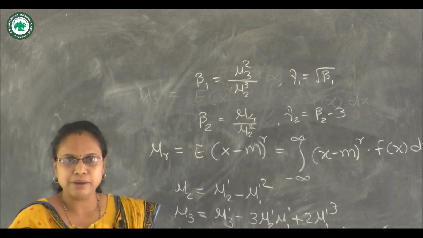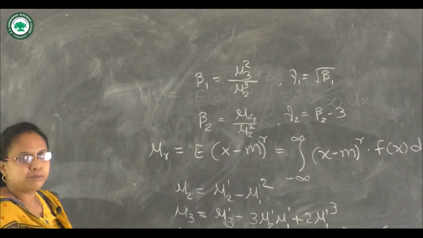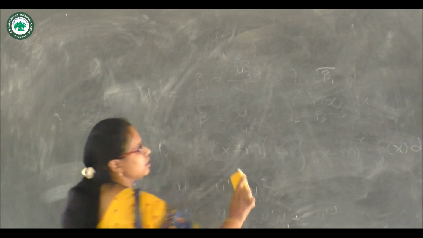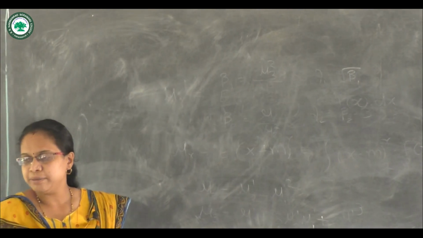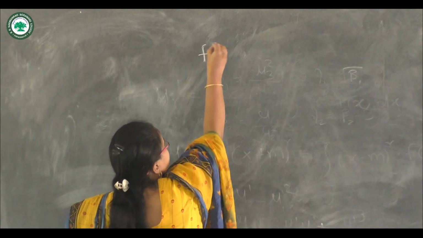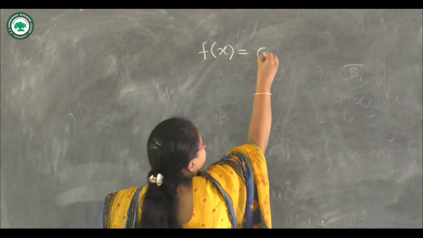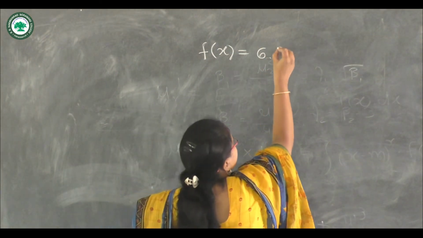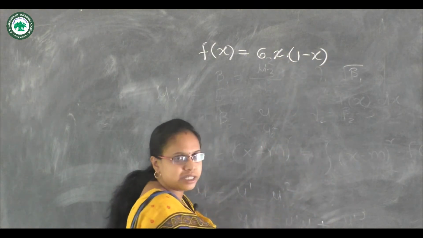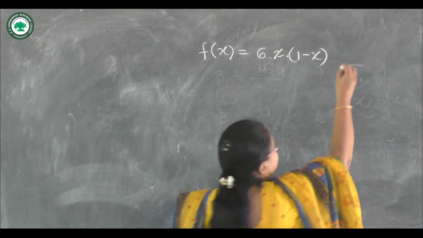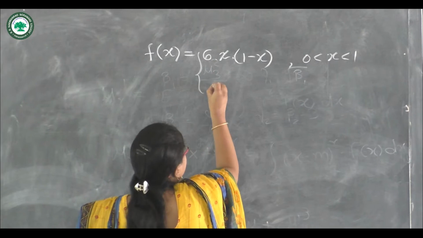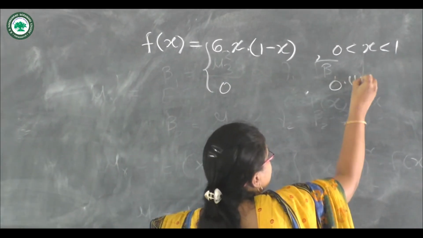Let's take one example where we will find the moments and all these things. Suppose we are given a continuous random variable x, and we are given its PDF as f of x equals 6 into x into (1 minus x), where x lies between 0 and 1, and 0 otherwise.